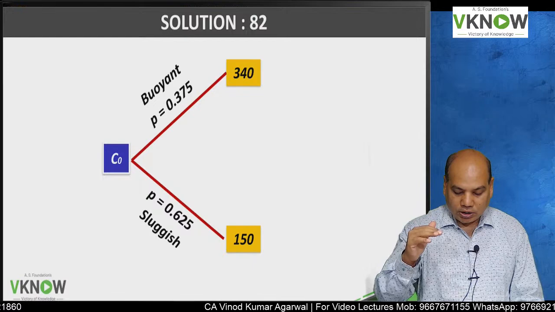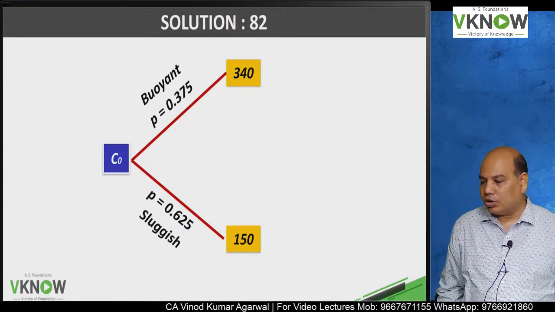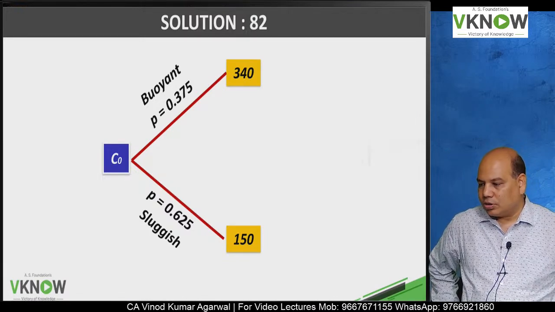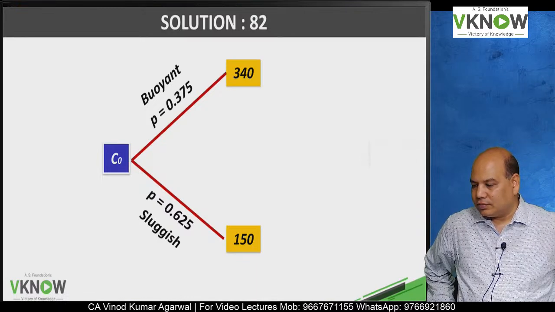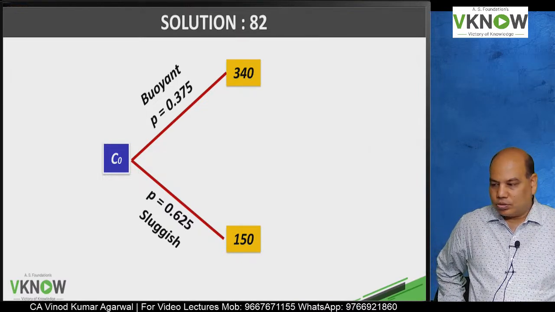Now draw the diagram: value of call option today, 0.375 probability 340, 0.625 probability 150.